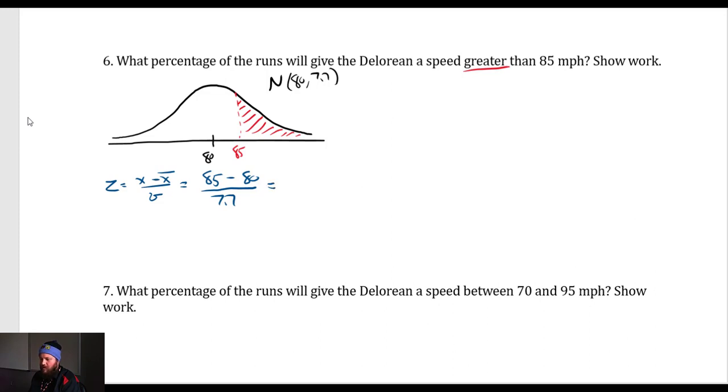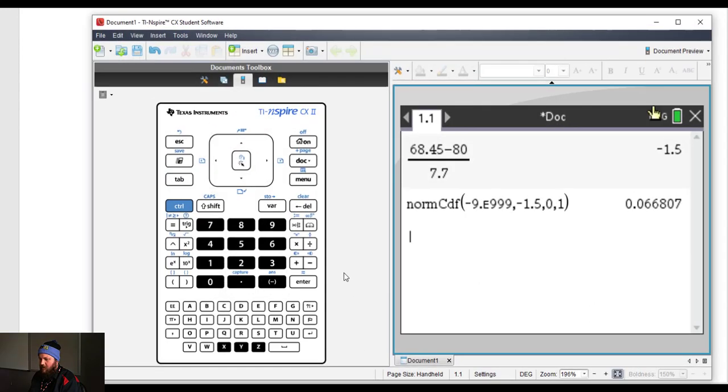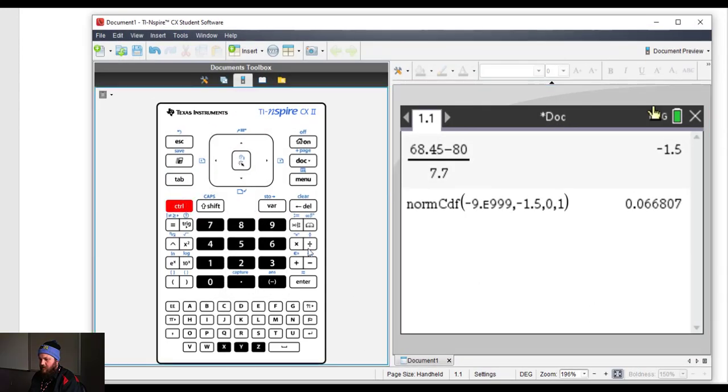Alright, so let's put that in the calculator and see what z-score it gives us. 85 minus 80 divided by 7.7.